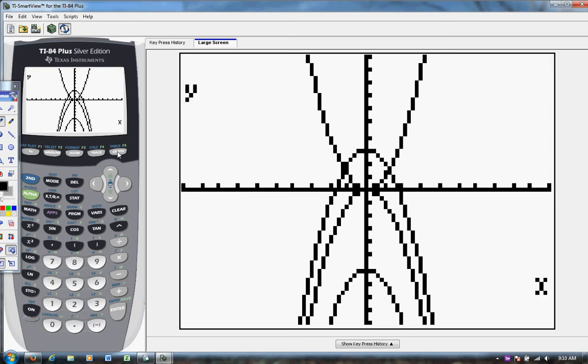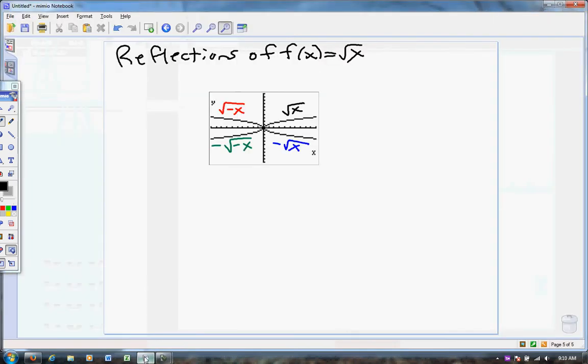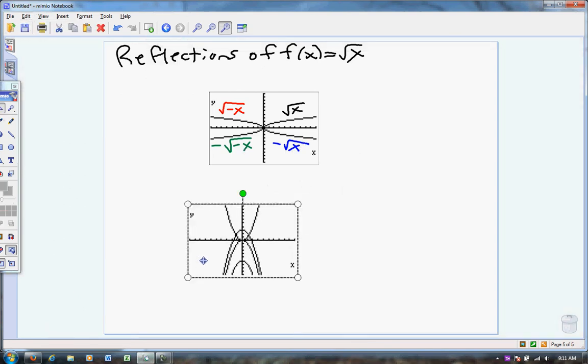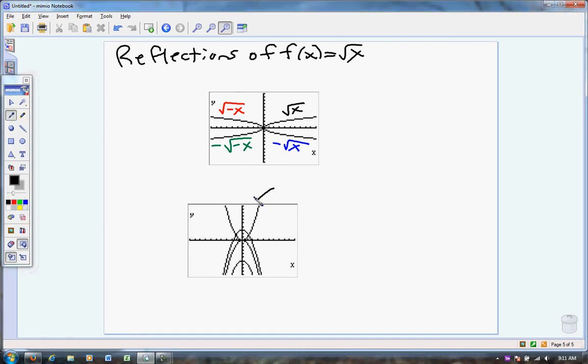Okay? So let's put a little copy of this into your notes, because this is good reference material. Sometimes these have a tendency to get a little bit confusing. So this one right here, of course, is x squared. I'll try to color code these. I'll sketch over top of them.